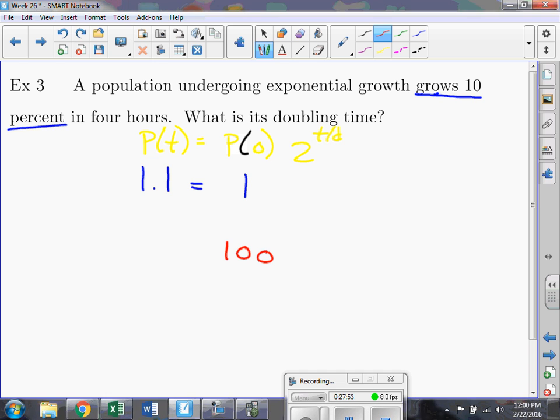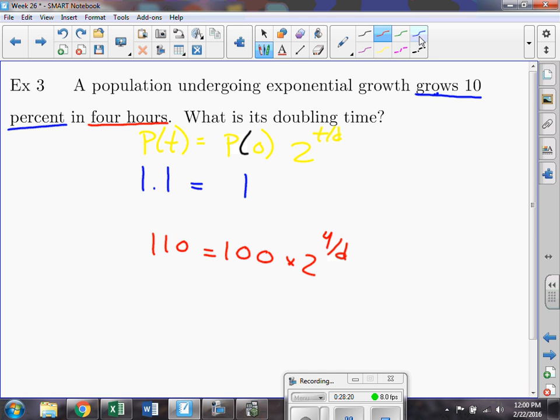At some point in the future, if there has grown 10%, that would tell you there are 110 in the future. Sometimes students will prefer this piece in the red. What is the time? 4 hours.